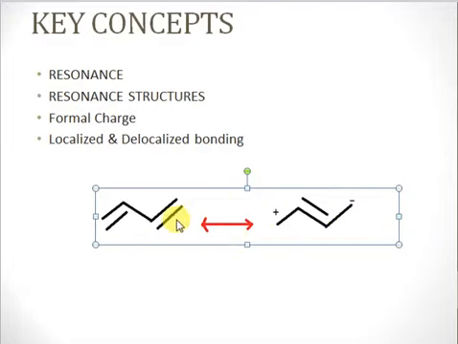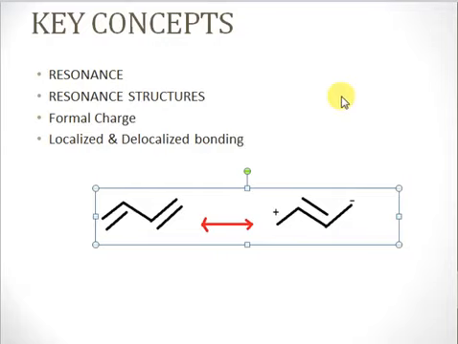Both of these are not the actual real structures, but both are useful to explain the structure of actual butadiene. The actual butadiene cannot be represented in a single structure, because if we represented it here, we would have violated the rules of valency, right?